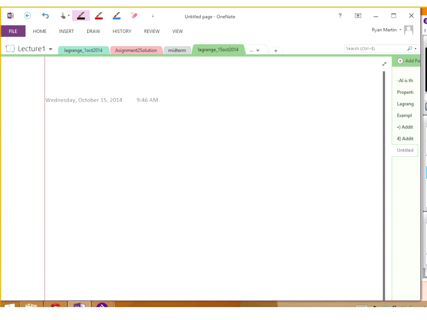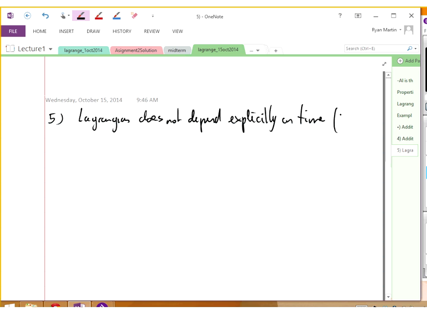All right. So the next property is the case when the Lagrangian does not depend explicitly on time.